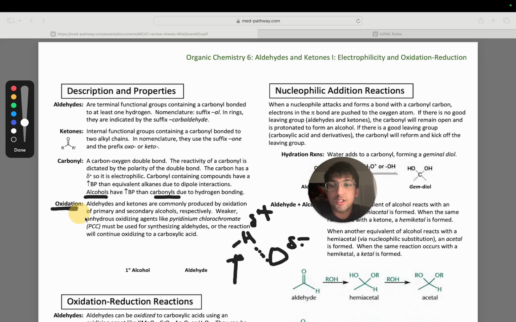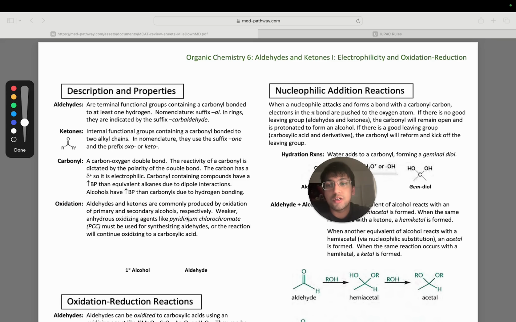Now we know oxidation, I've already talked about this, but aldehydes and ketones are commonly produced by oxidation of primary and secondary alcohols. And if we want to synthesize an aldehyde, then we need to use a weaker oxidizing agent like PCC. I mentioned PCC before, but why do we want to use a weaker oxidizing agent for producing an aldehyde?